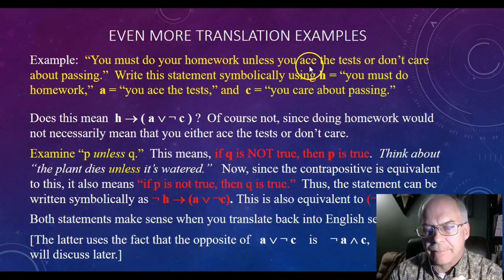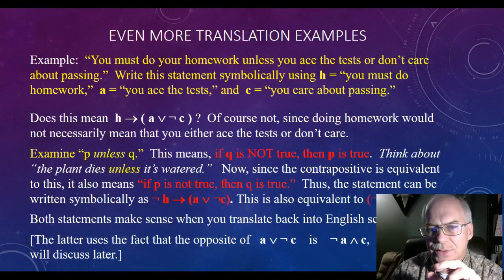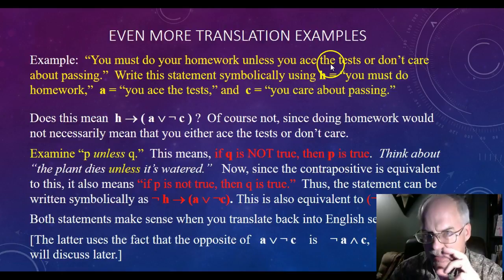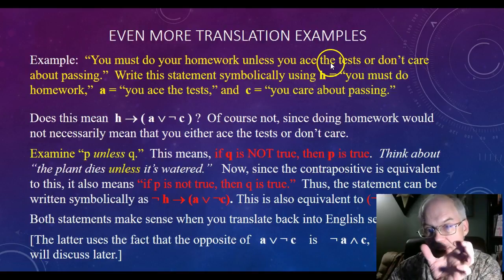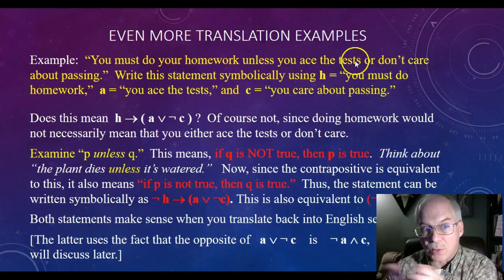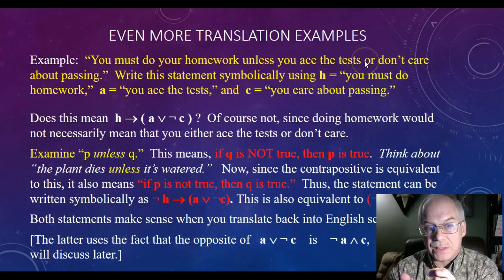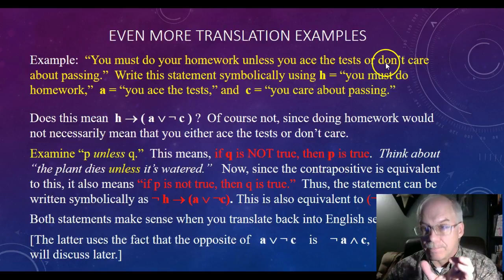That word unless is tying things together. So what does this mean? Now you can see that you have ace the test or don't care about passing. So that ace the test or don't care about passing is tied together with a conjunction, an or situation.